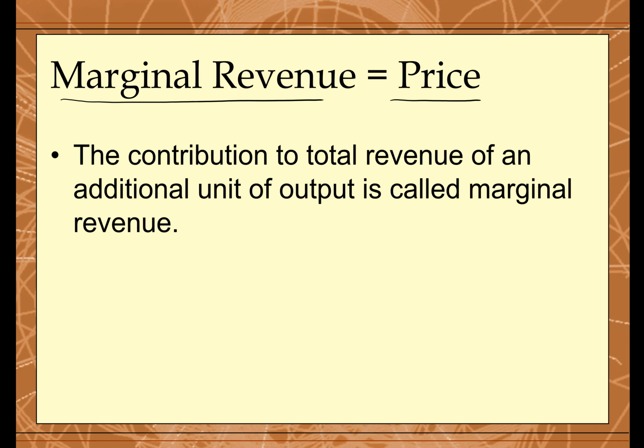I just told you that MR equals MC is the profit maximization rule. Well, if I wrote price equals MC, I'm in essence saying the same thing, because these two things are really equal.